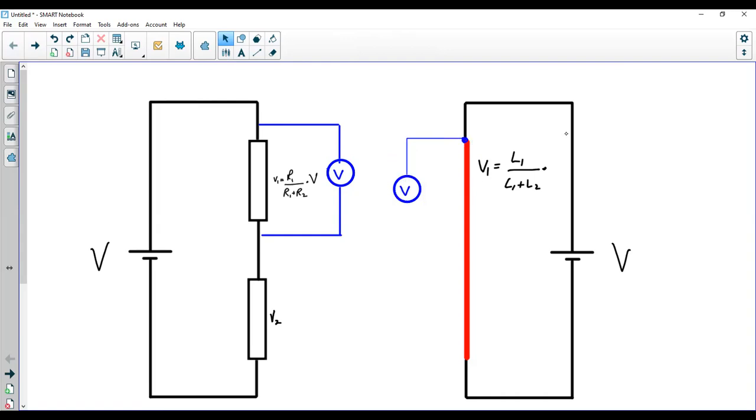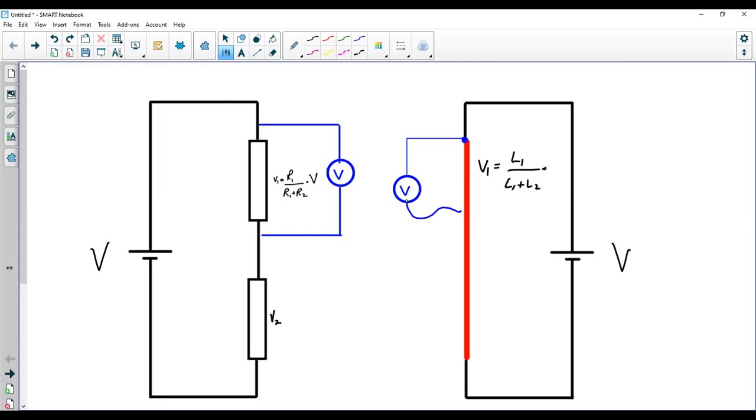The other end of the voltmeter can be connected at any other point on the wire.